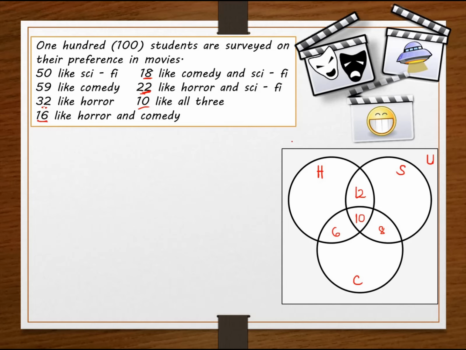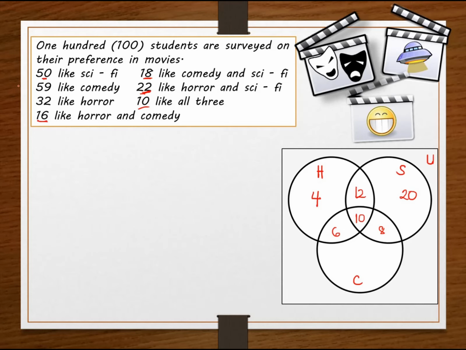By subtraction, 32 minus 28, the difference will be 4. Next, we have sci-fi, which has a total of 50 students. We have 10, 12, and 8, that gives you 30 in total. So 50 minus 30 gives you 20.